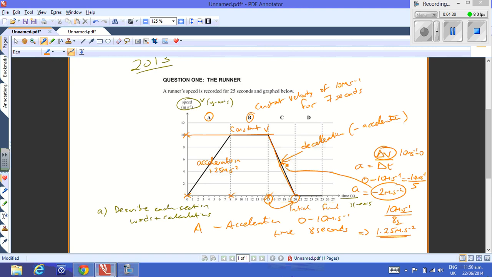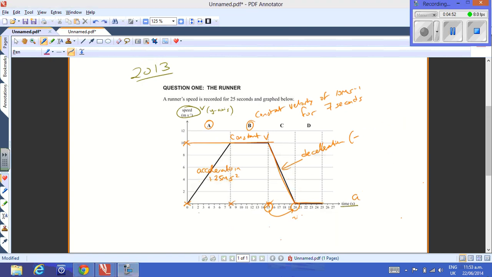And then if you just look at section D there, well, in section D, the velocity is actually 0 meters per second, which does mean that it's stopped. So it's no velocity, it's stopped. So that's how you would answer part A from question 1, 2013.